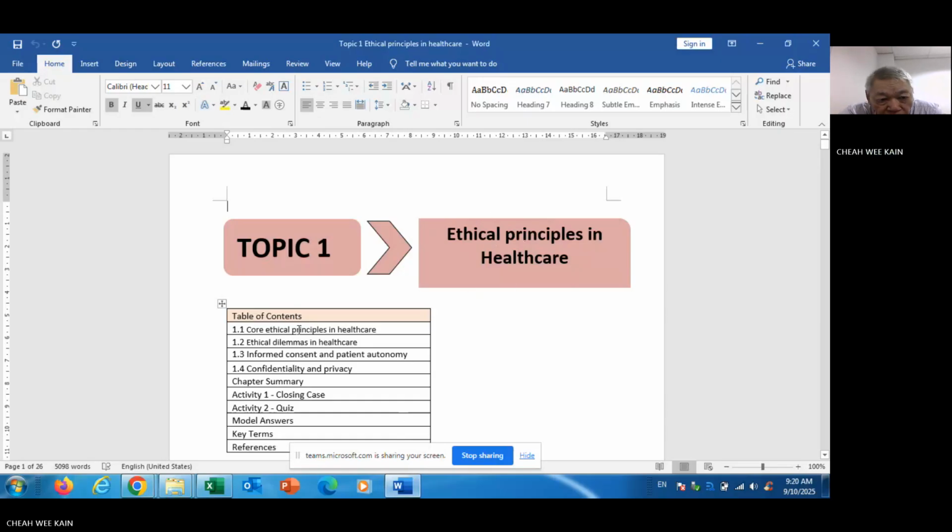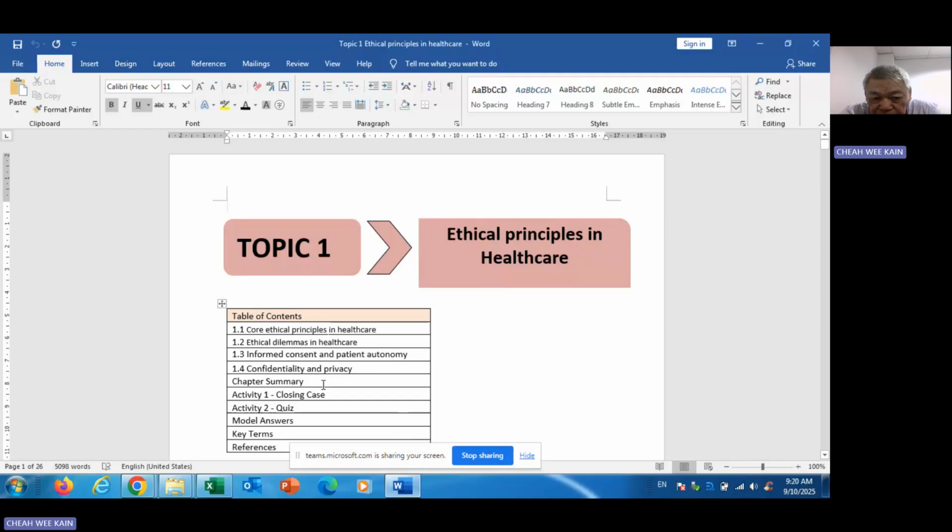We have four main topics to discuss. The first one is core ethical principles in healthcare. Second, ethical dilemmas in healthcare. Third, informed consent and patient autonomy. And the last one, confidentiality and privacy.